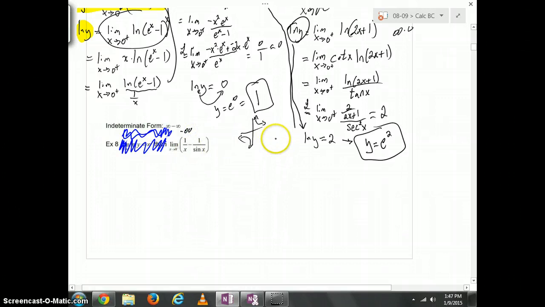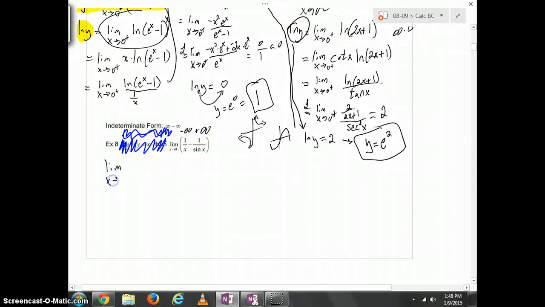If we looked at the sine wave, as I approached 0 from the left, we'd get something negative. You can see this is my graph of sine. I am approaching 0 from the left side, but it's a negative value. And 1 over that is going to be 1 over something negative small. This works out to something positive then. So this is like negative infinity plus infinity, or infinity minus infinity.